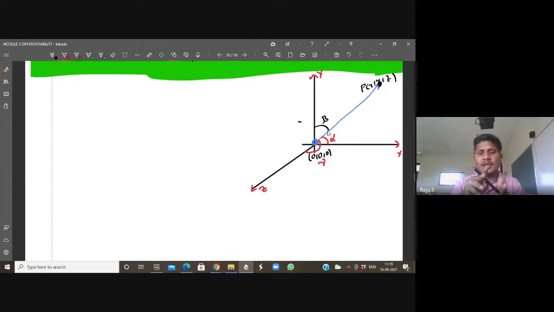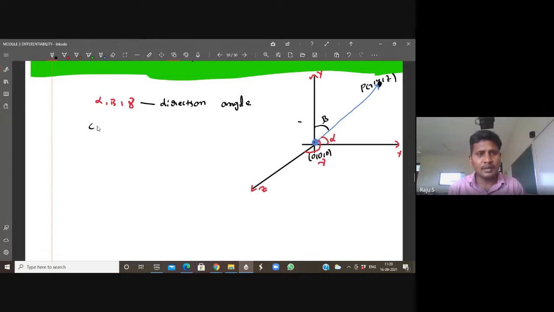If I take any line like this, with respect to the x-axis it can make some angle, with respect to the y-axis it can make some angle, and with respect to the z-axis it can make some angle. That is alpha, beta, gamma. These alpha, beta, gamma are called direction angles.